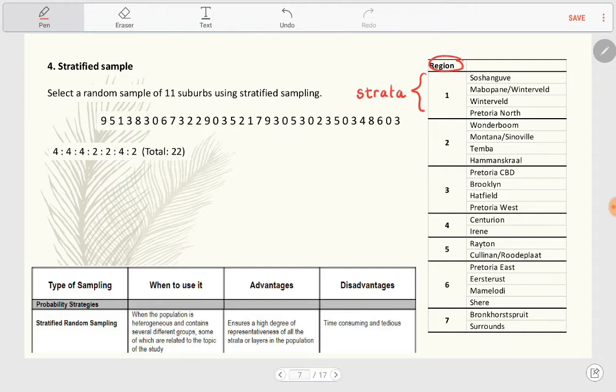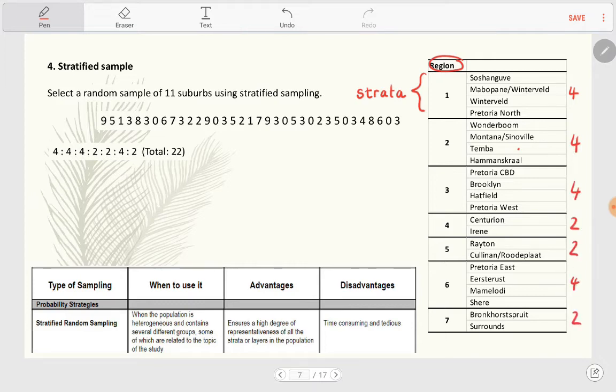So what you do is you can divide them accordingly. In this case we're looking at regions. These divisions are not necessarily equal. And in these regions, you're going to take your sample in proportion to the number of suburbs in each area. You can see here you have 4 suburbs, 4, 4, 2, 2, 4, 2.